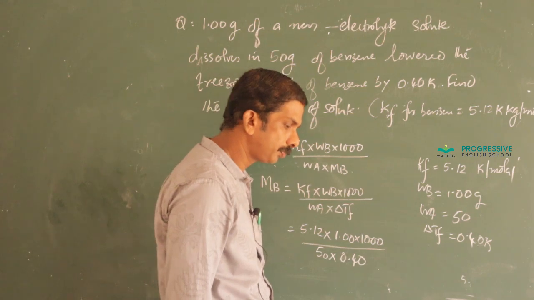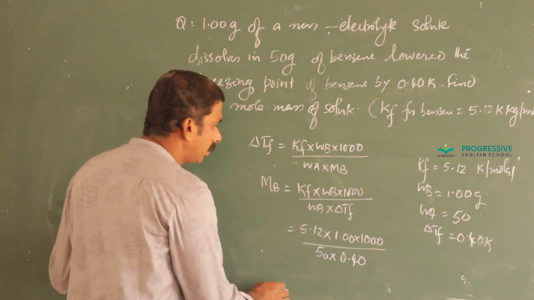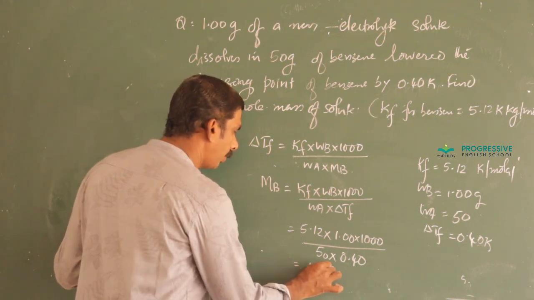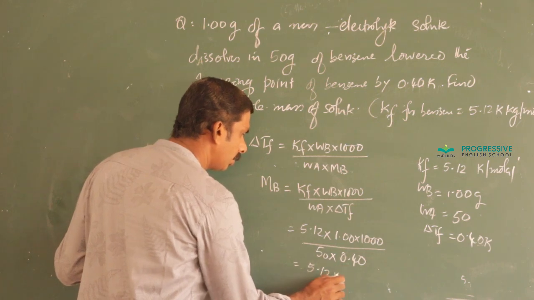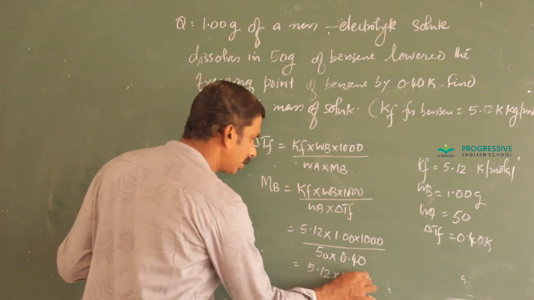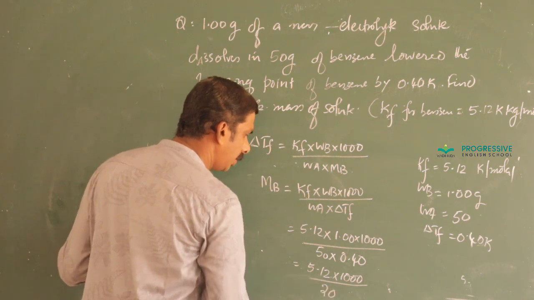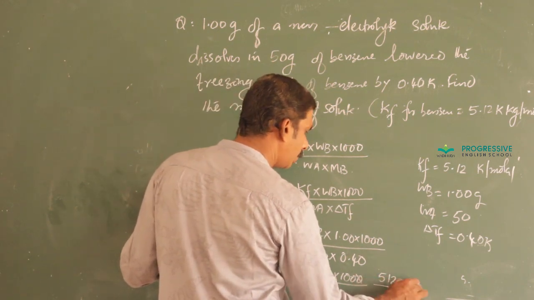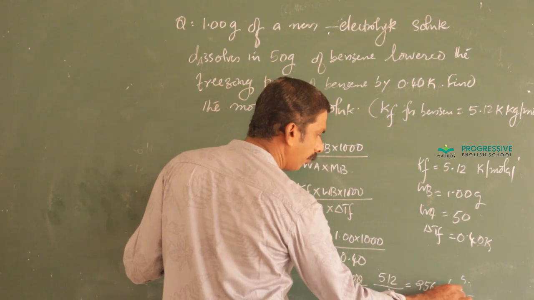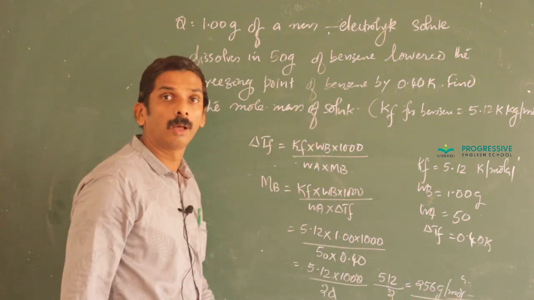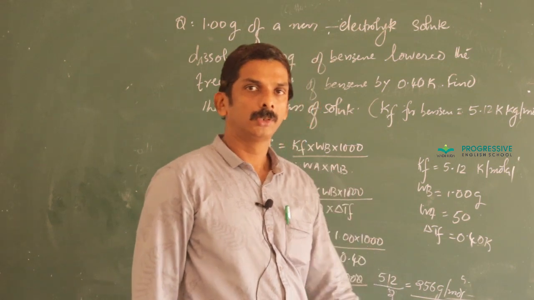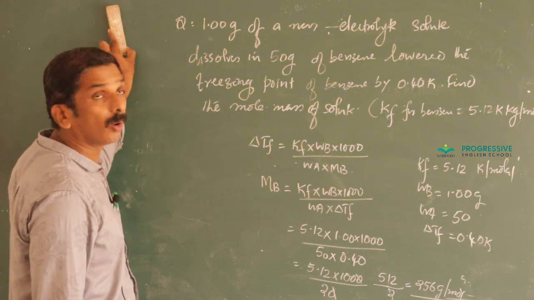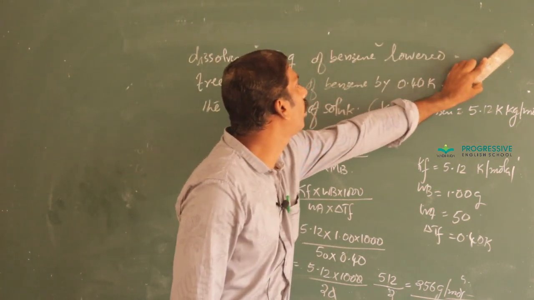That is the answer. 5.12 into 1000 divided by 20, 512 divided by 2, that is 256 gram per mole is the molecular mass of that solute.